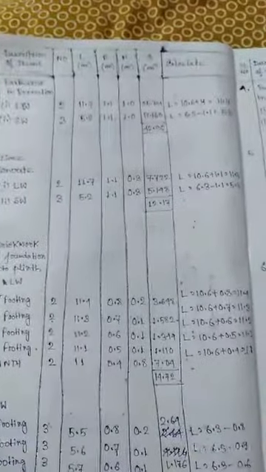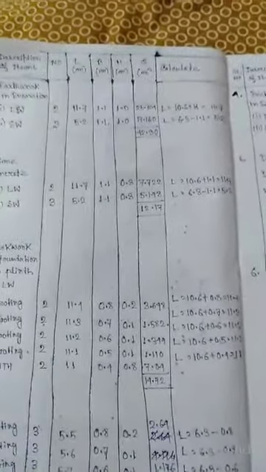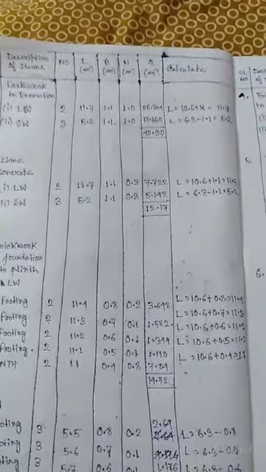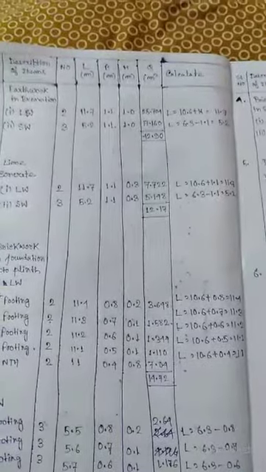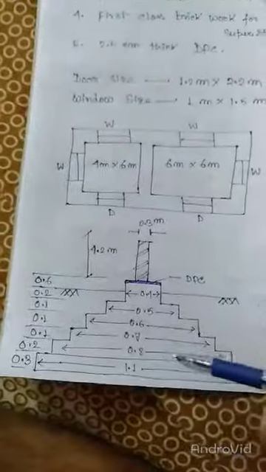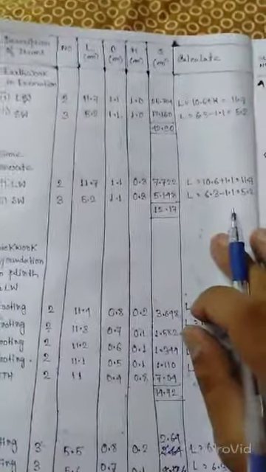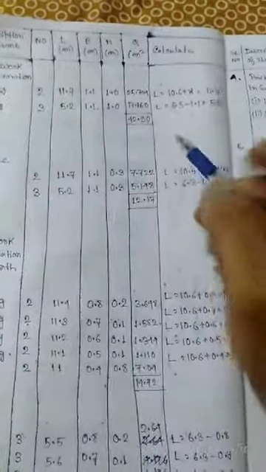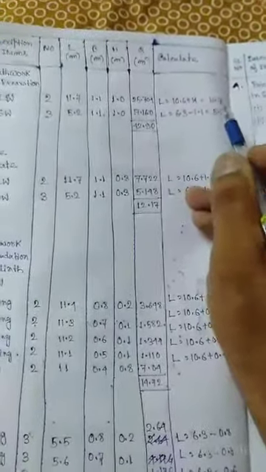Here we have already calculated the center line of the long wall, so the length is 10.6 meter. We are going to excavate down to the foundation, and the width of the particular foundation is 1.1 meter, which is given here. We have to consider this. In the calculation for the long wall, we have to add the wall breadth. So the length for the long wall will be 10.6 plus 1.1, that is 11.7 meter.